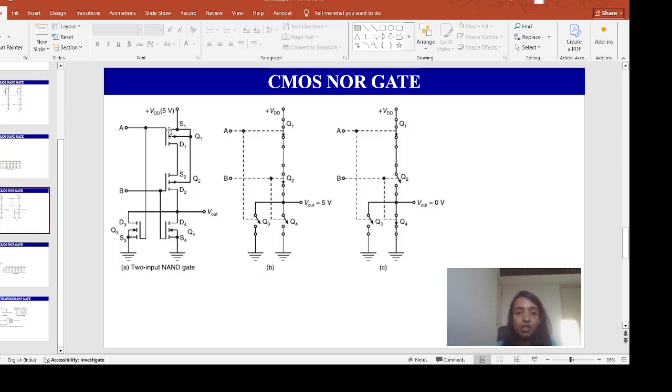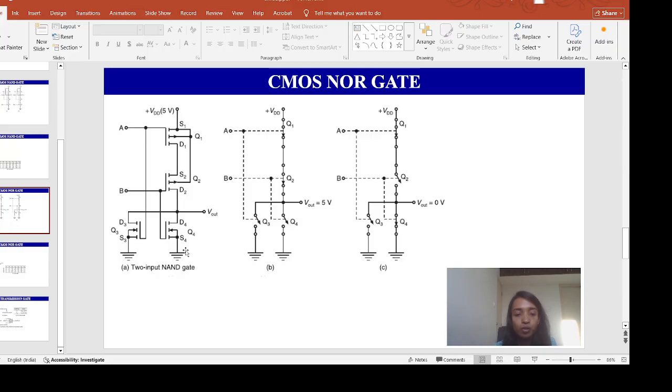So VGS1 will be 0 volt and VGS2 will be minus 5 volt. VGS3 will be plus 5 volt while VGS4 will be 0 volt. In this condition, Q1 and Q4 will be off while Q2 and Q3 will be on, right?